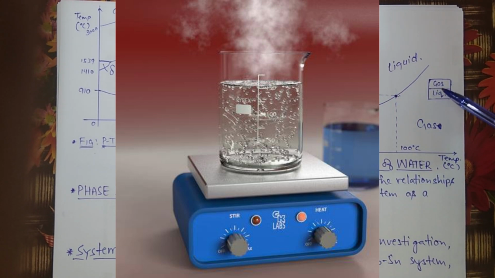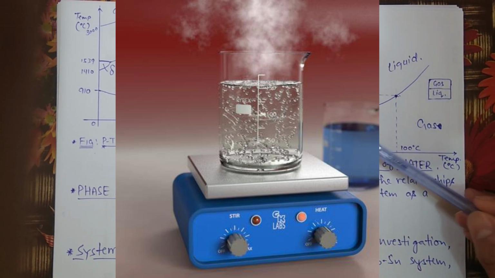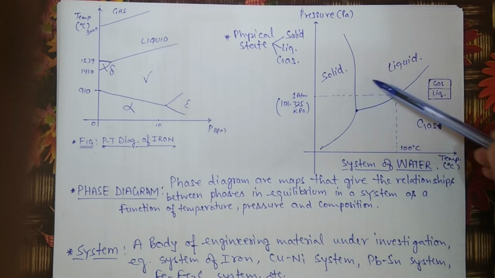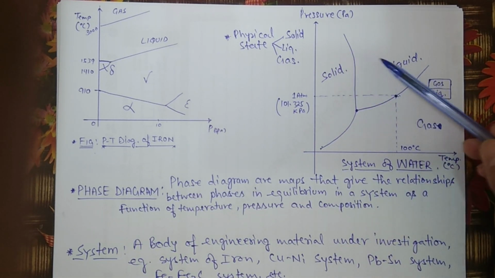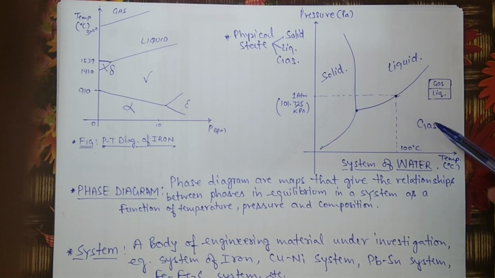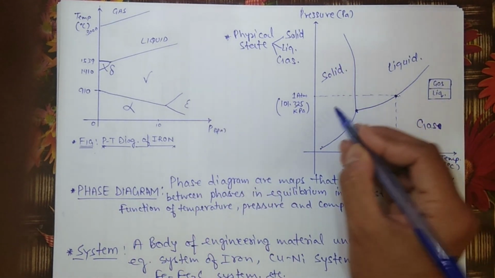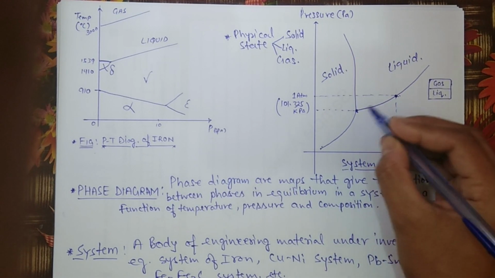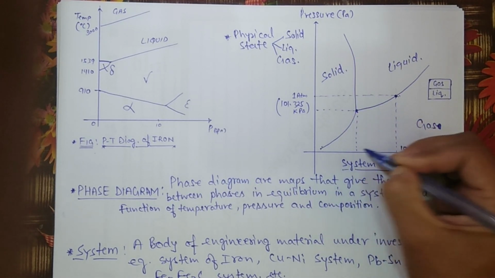In the same way, anywhere you cross a boundary, at the boundary you are going to find both the phases available on either side of it.